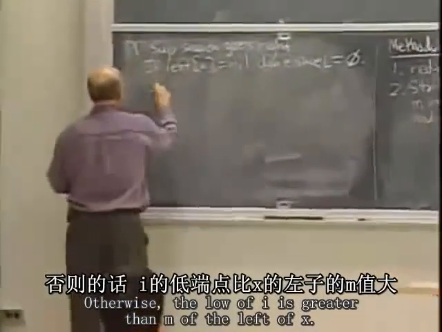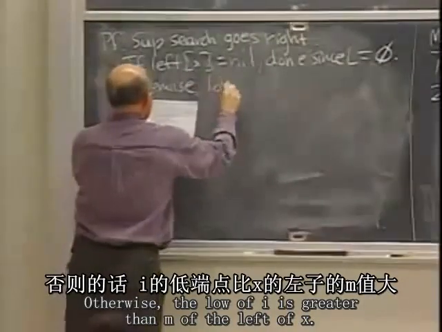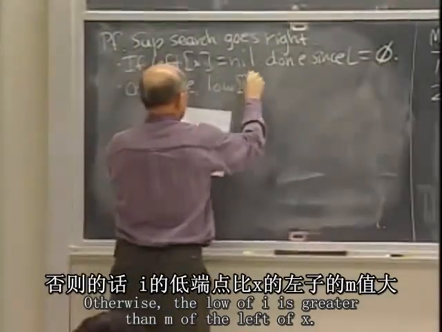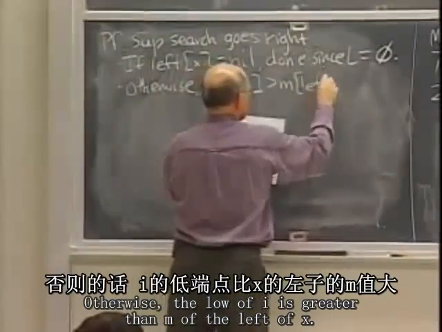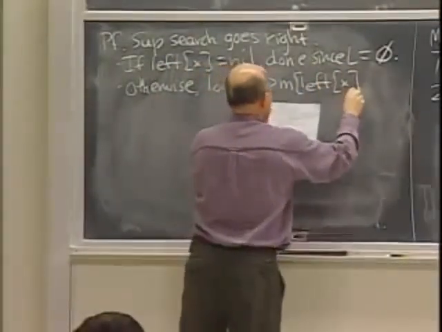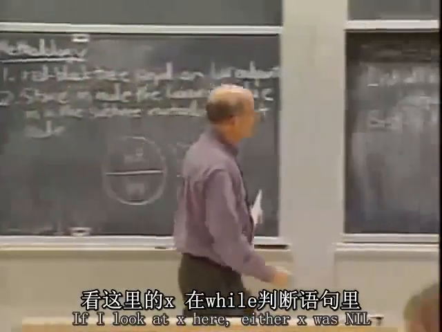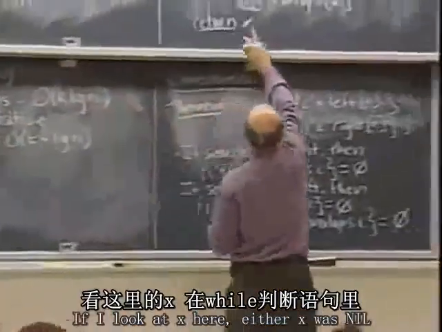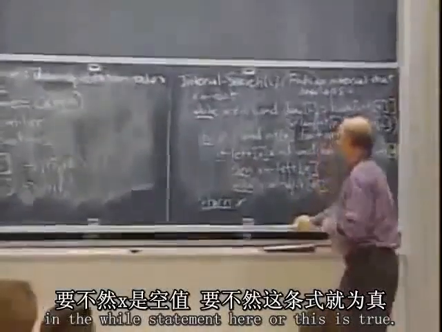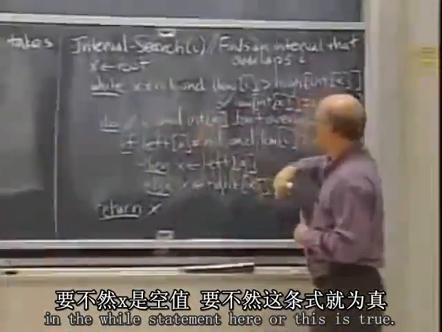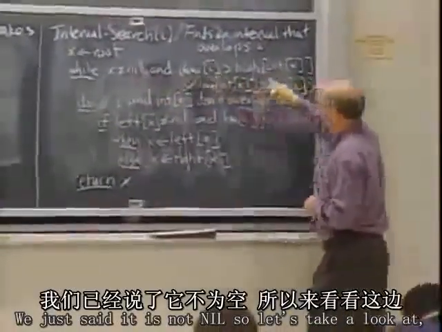Otherwise, we have that the low of I is greater than m of the left of x. So if I look at x here, either x was nil in the while statement here, or this is true. We just said it's not nil.